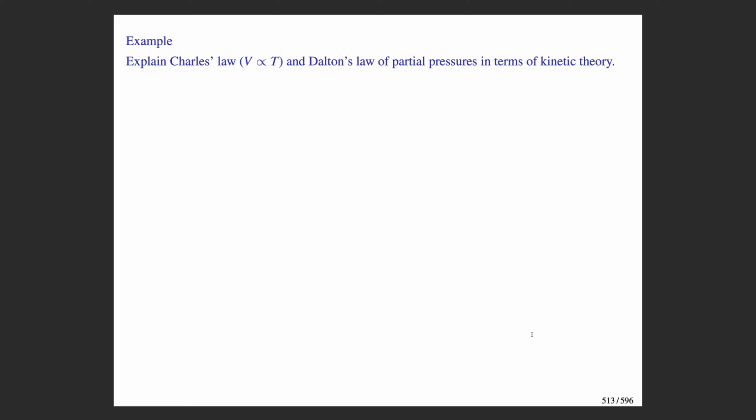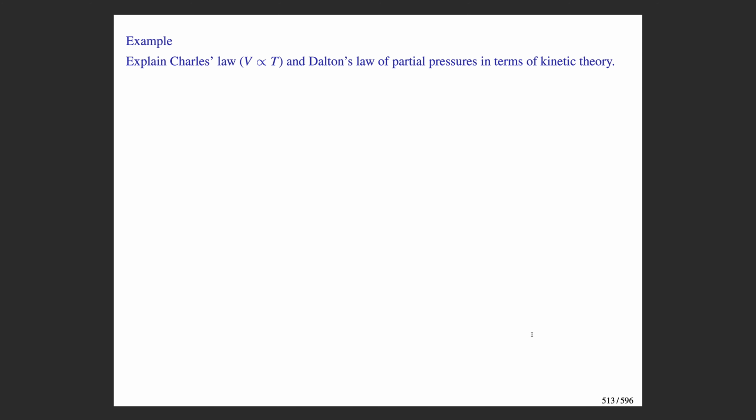Explain Charles' law and Dalton's law in terms of kinetic theory. Well, for Charles' law, if you increase the temperature of the molecules while keeping the pressure fixed, you need to somehow reduce the number density of the gas sample in order to keep the pressure the same.